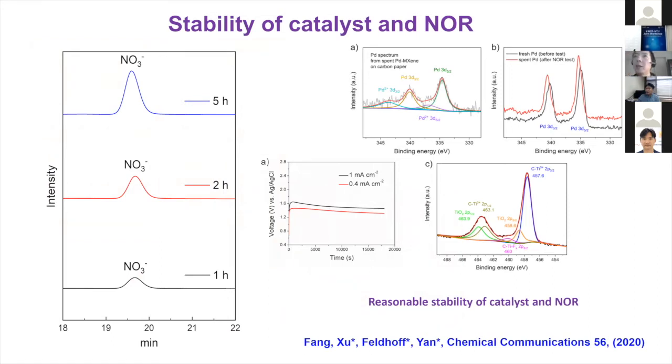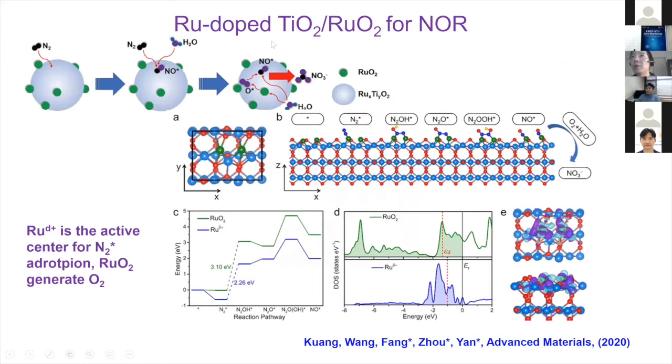And then later we made another try, using titanium oxide as a support for this catalyst. We try to dope lanthanum inside the titanium oxide and make the whole structure stable under the nitrogen oxidation process. Meanwhile, we added additional lanthanum, which becomes lanthanum oxide distributed on the surface of titanium oxide.